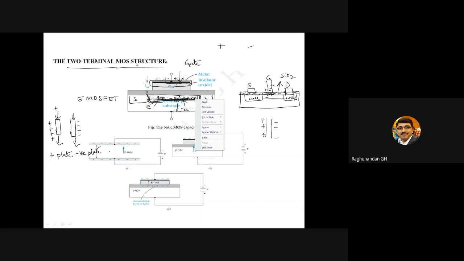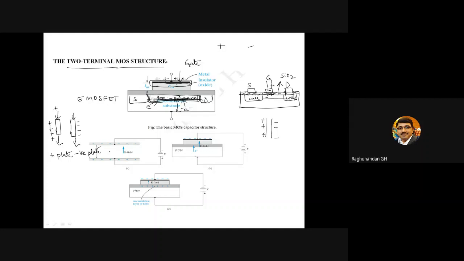Here, we are analyzing the two-terminal MOS structure. In the initial explanation of the MOSFET, I told you the charges will not flow from this plate to this plate, but charge will get induced.